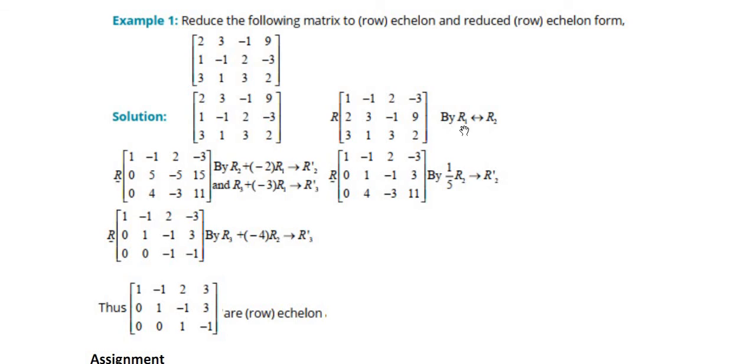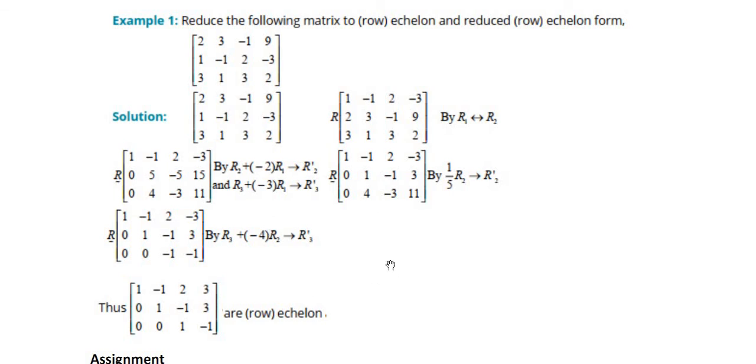For example, first of all we interchange the first row with the second row, then we multiply the first row by -2 and add it to the second row, and then multiply -3 with the first row and add it to R3.